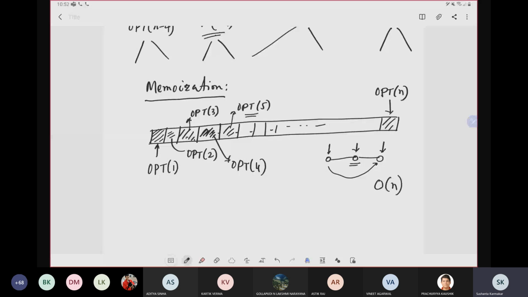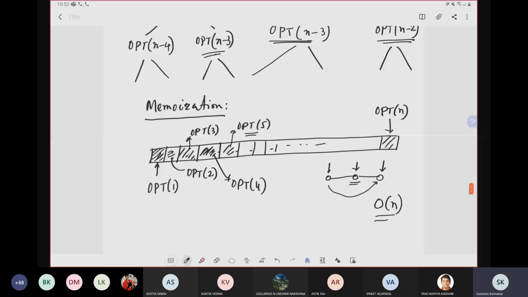Okay? So base cases can be fixed in a constant amount of time. And for all the next cases, it needs a lookup into previous computations. Okay, so you can fill up this array in order n time, and you can get opt-n. Okay, so this is the approach.